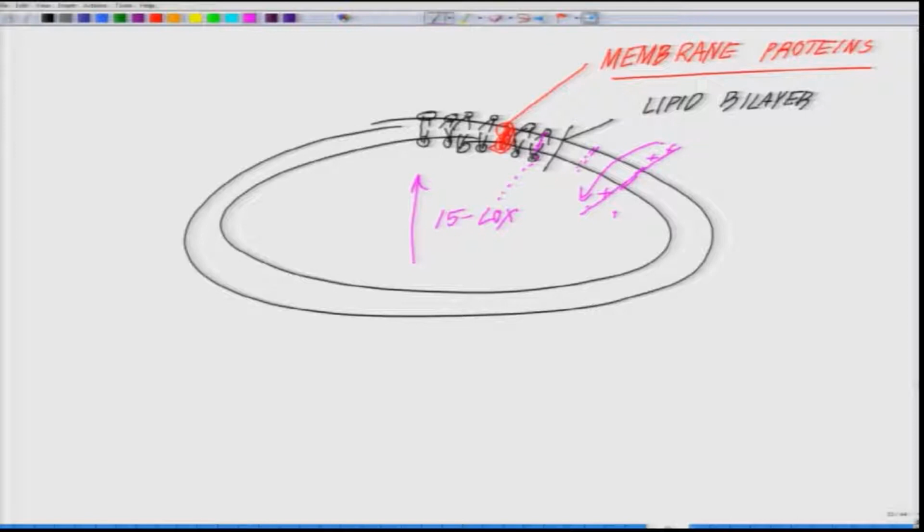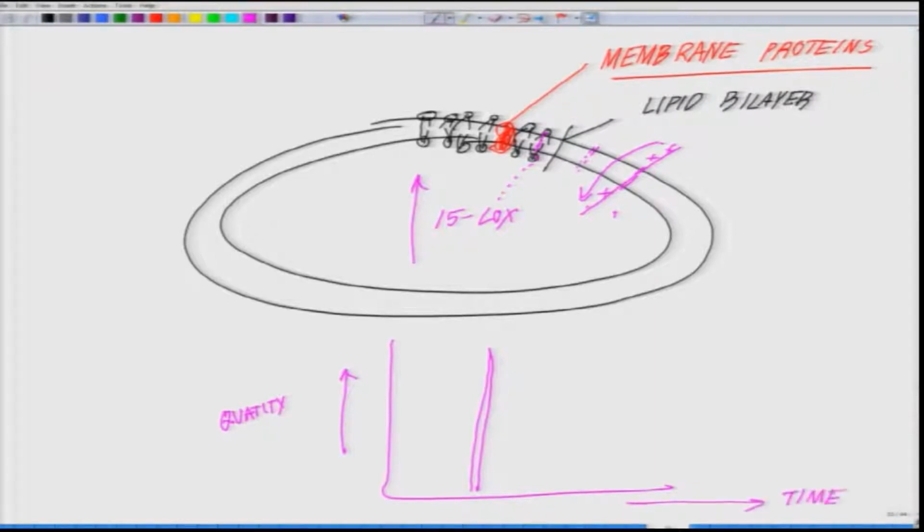That means if the y axis is showing the quantity, and the x axis is showing the time, then the important part is how long. Is it this short of a window, or something like this, or something like this, and how much.